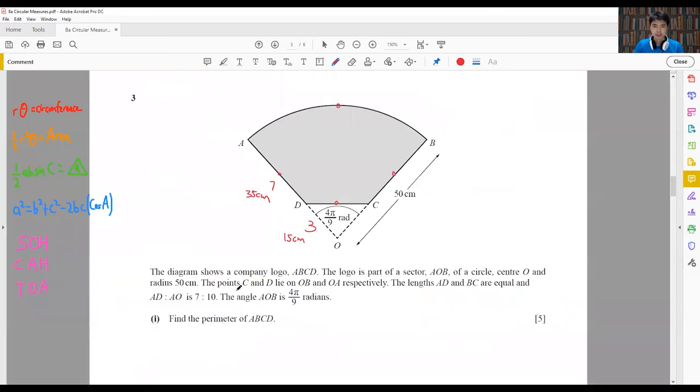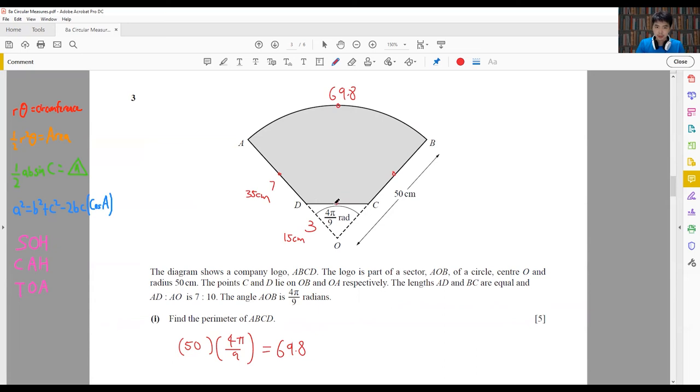So this is going to be using our circumference formula, r, which is a total of 50, multiplied by theta, which is 4 pi over 9. This first part here is equal to 69.8. So there's 35, there's 35.